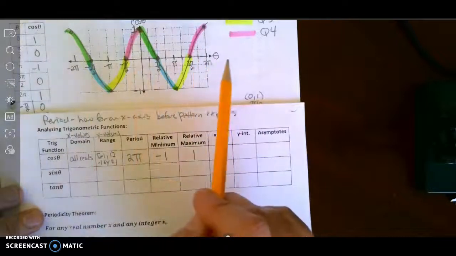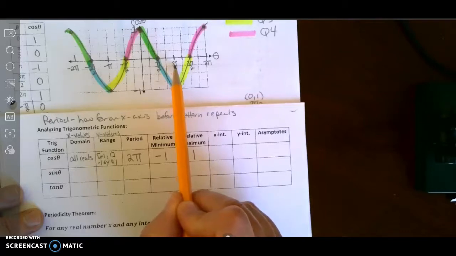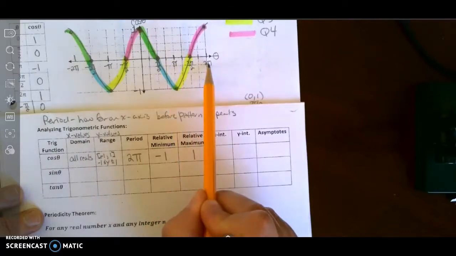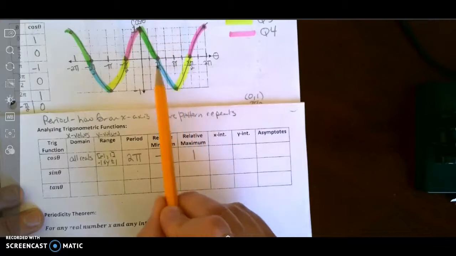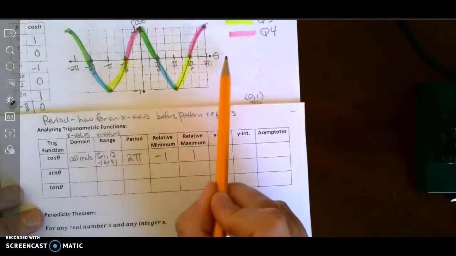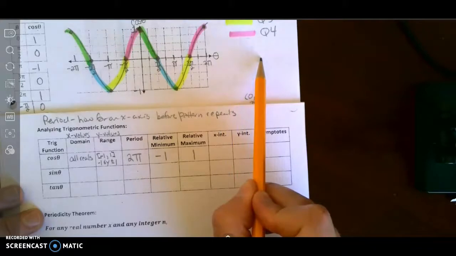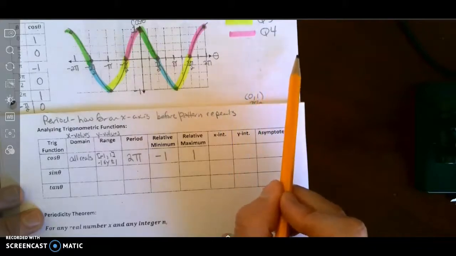But how do I say that? Because technically, this is 2 pi over 2, and 2 over 2 is 1. This is 4 pi over 2. But if you look, this is 1 pi over 2, 3 pi over 2. The next one would be 5 pi over 2, then 7 pi over 2, then 9 pi over 2.